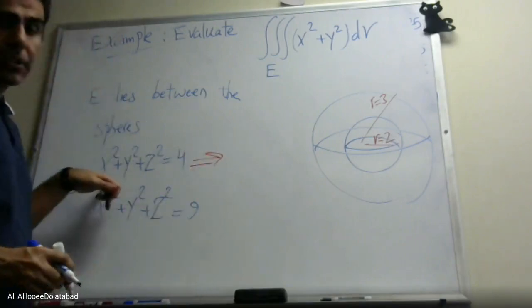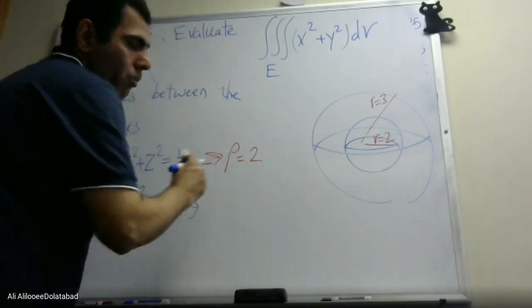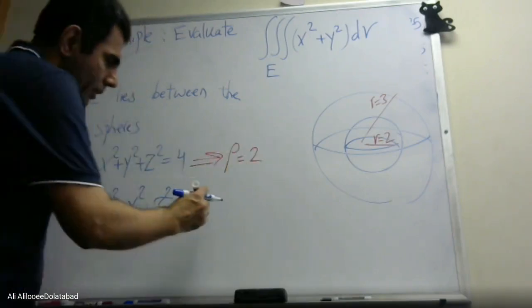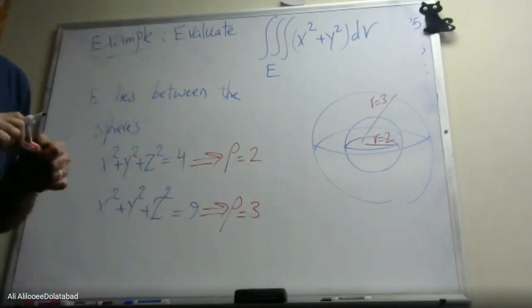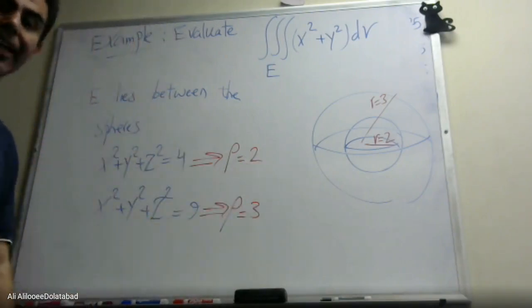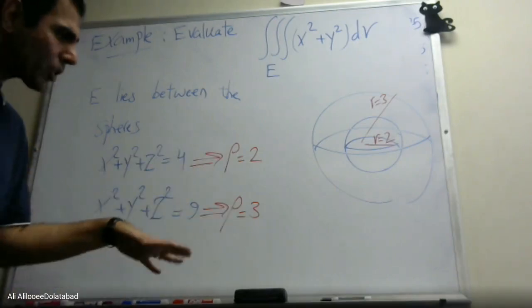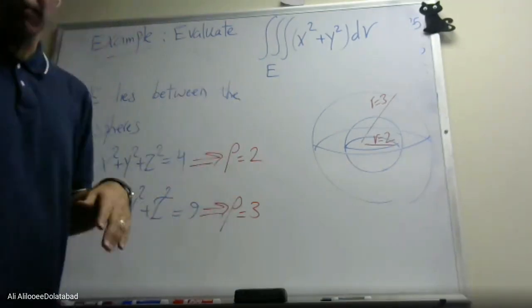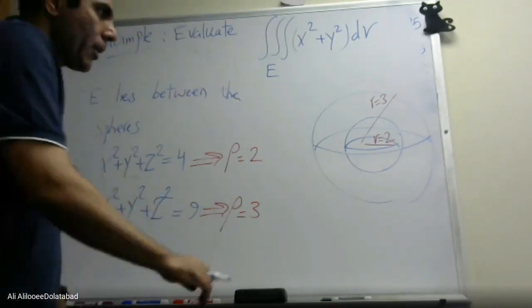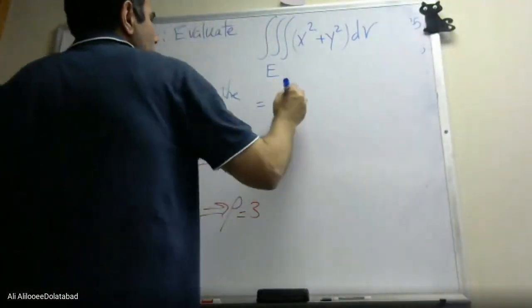If you convert this into a spherical coordinate, you have rho equal to 2, and rho equal to 3. Those are very beautiful, tiny equations. So the bound for rho is clear: between 2 and 3. Very easy.